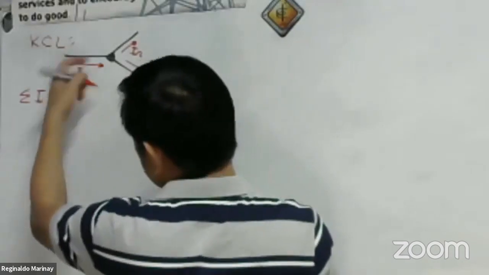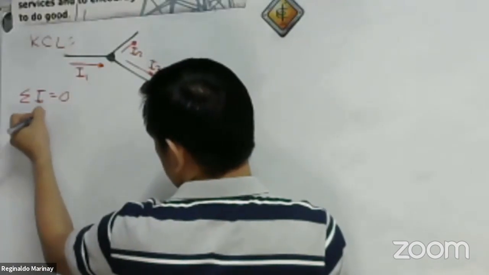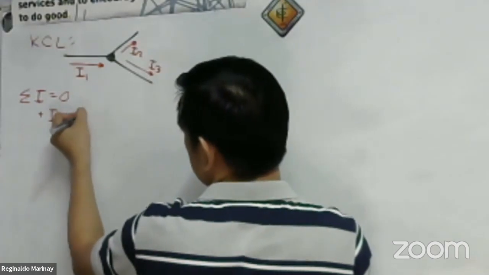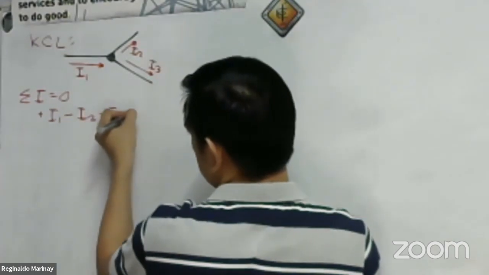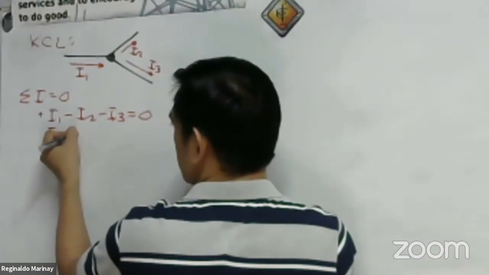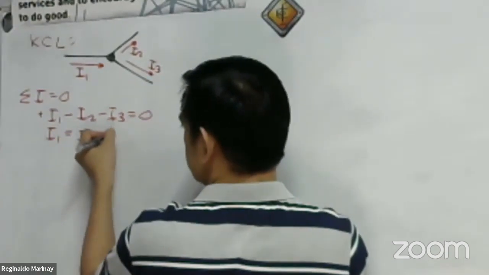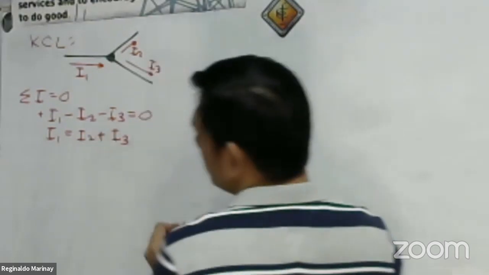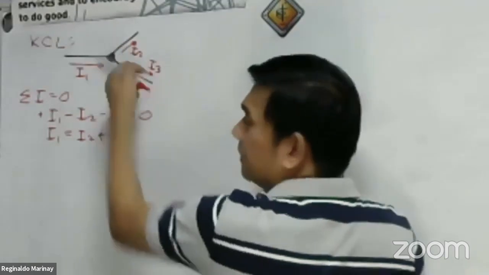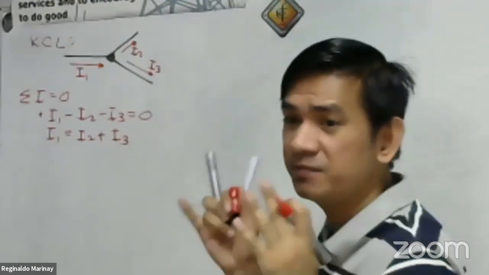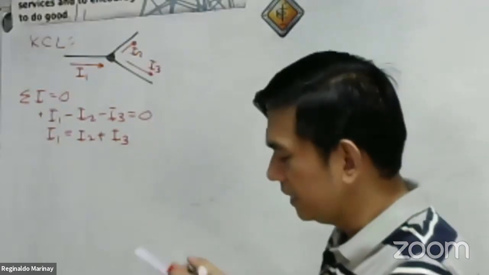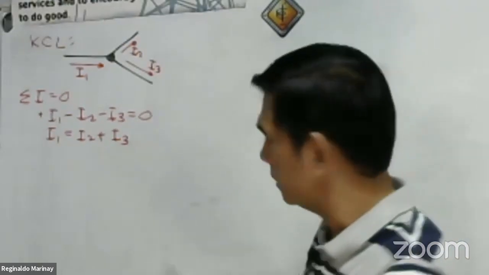The current entering is positive, so that is our positive I sub 1. The current leaving is negative, so that is minus I sub 2 minus I sub 3. That is equal to 0. Or, shall we say, I1 is equal to I2 plus I3. We may summarize this as the current entering is equal to the current leaving at a particular junction. Okay? That is the summary of the Kirchhoff current law.